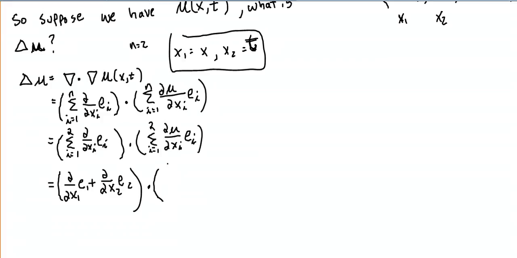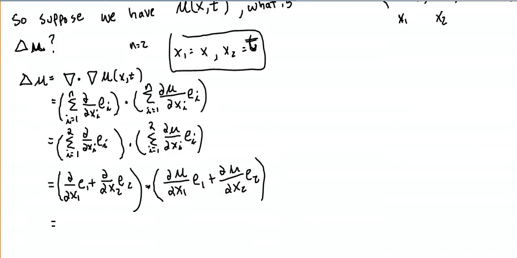Same thing here. We have the 1 goes into here and here, so we have du dx 1 e sub 1 plus du dx 2 e sub 2, which is really equal to, remember what a dot product does.